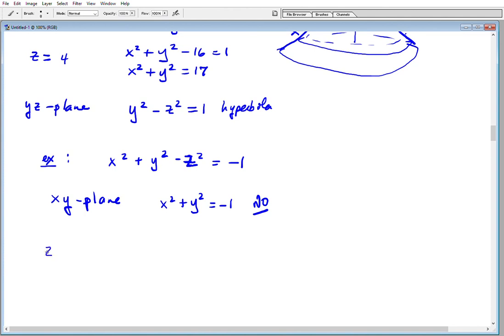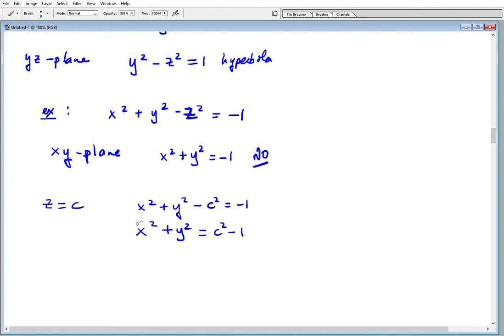Let's say z equals some constant. Then we have x squared plus y squared minus c squared equal -1. Or let's bring that onto the other side: x squared plus y squared equals c squared -1. So this has to be positive, since x squared plus y squared is positive.